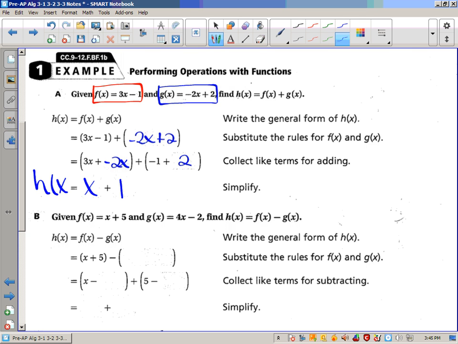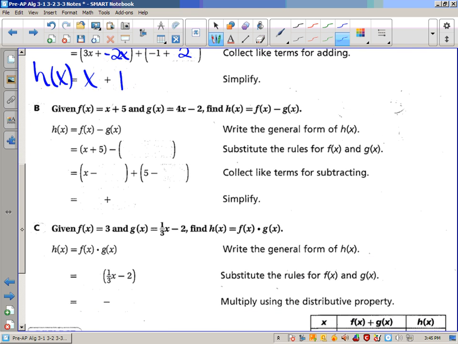Now this function, since I've added the two other functions together, has its own name. F, G, and H are the most common letters that we use. So here, after I add functions f and g together, I get a new function called h of x. So that's adding. Subtracting is very similar.